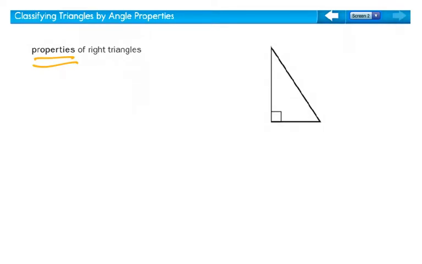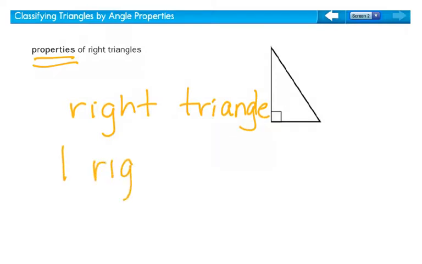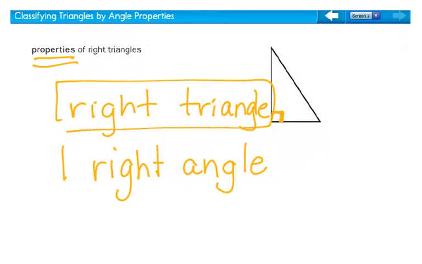Now this is a special triangle. It is called a right triangle. And the way that we name a right triangle is if it has one right angle. So the minute a triangle has a right angle, we call it a right triangle.